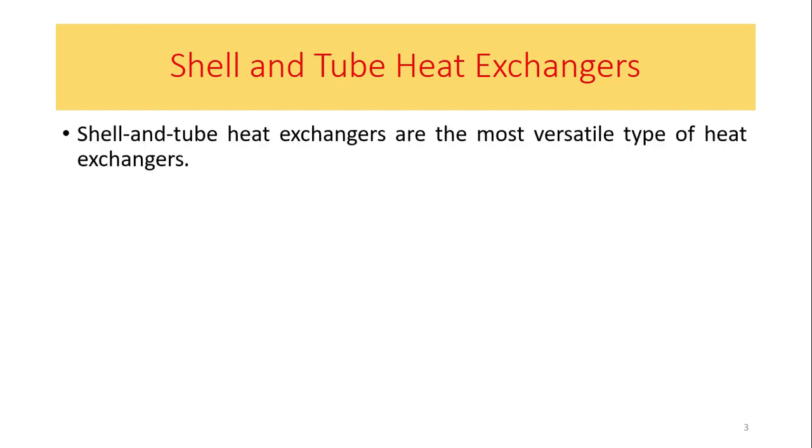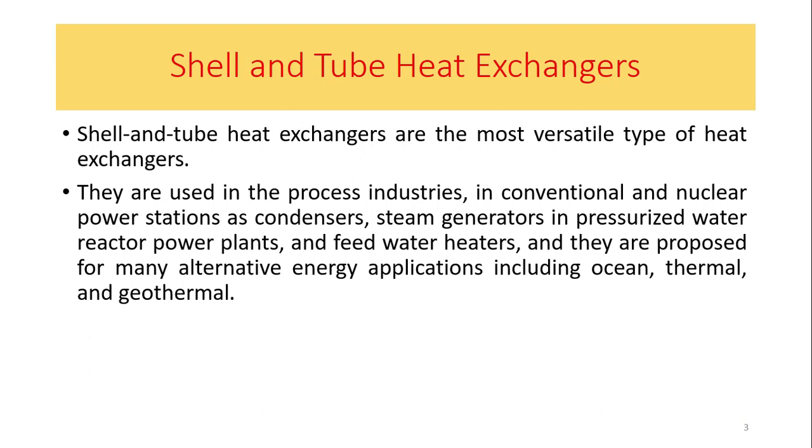So, let's talk about the shell and tube heat exchanger. These are known as the versatile type of heat exchangers, and they have numerous applications. They can be used in industries such as power plants, wastewater treatment, and the process industries.